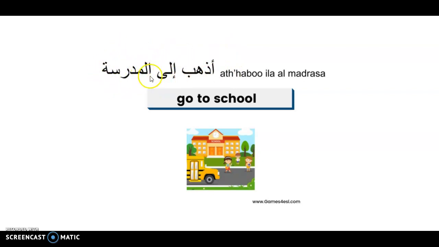When I put here L, it means the. I go to school or to the school, to my school. أذهب إلى مدرستي, my school, Amana Academy. All right? أذهب إلى المدرسة. Please write it down and add it to your table in your daftar. شكرا.